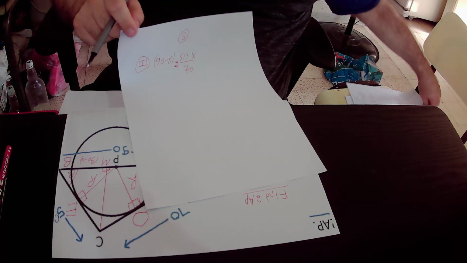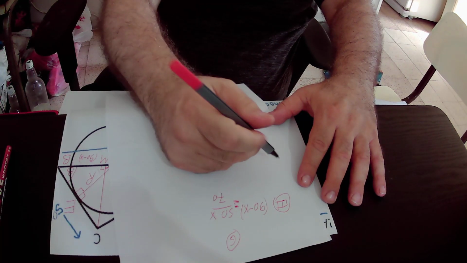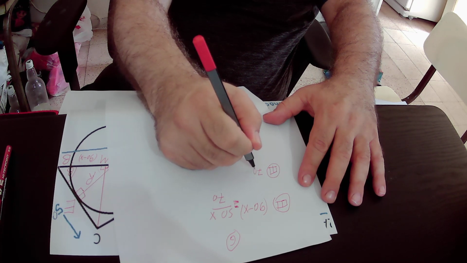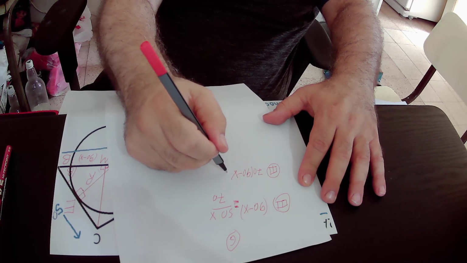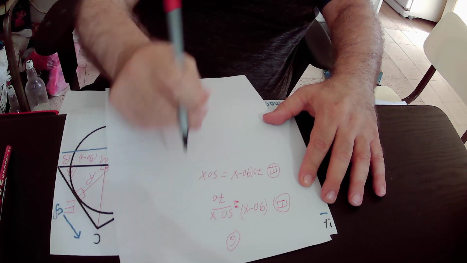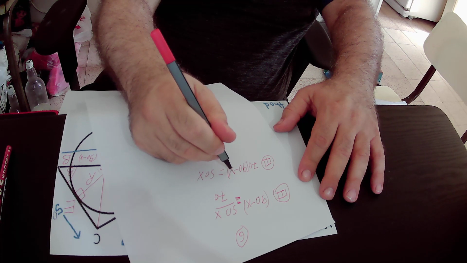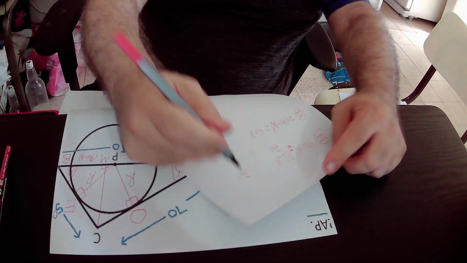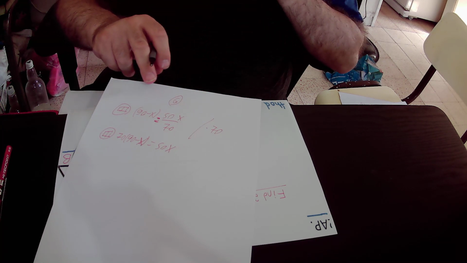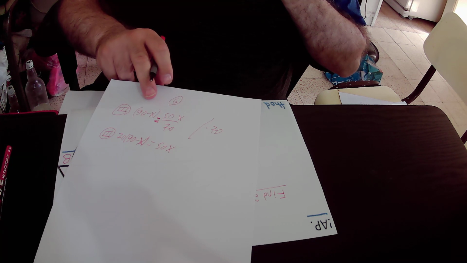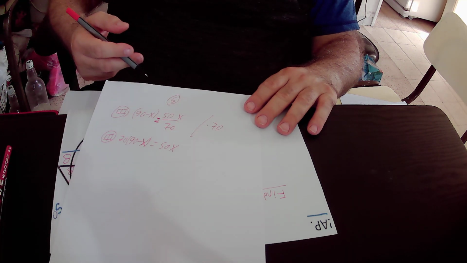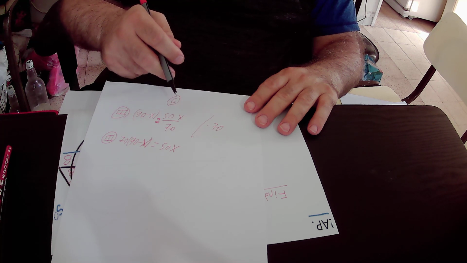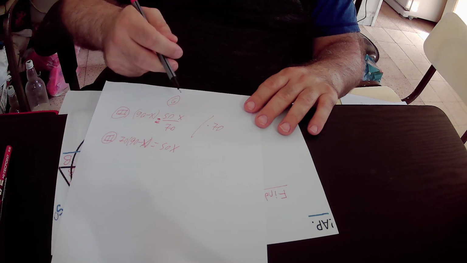We'll get that, so we multiply both sides of this equation by 70. 70 times 90 minus 6 equals 70 times 90 minus 6, and 50x over 70 times 70, or 70 divided by 70, equals 1.